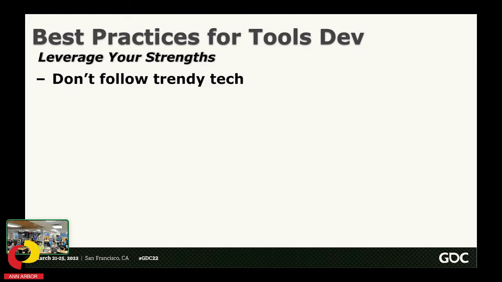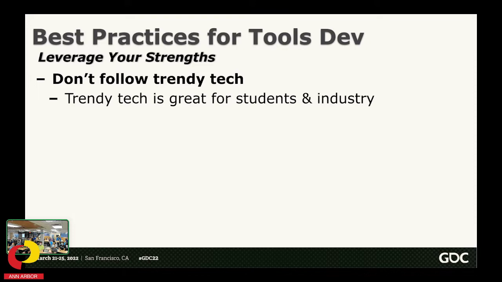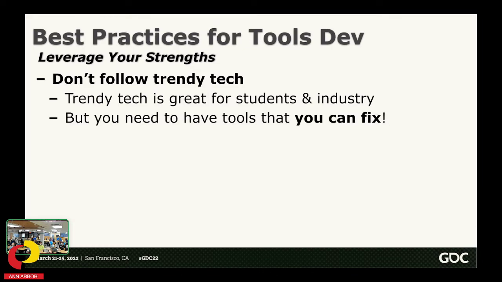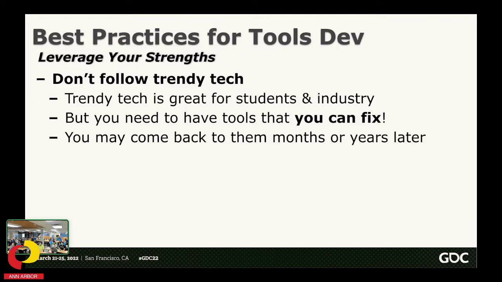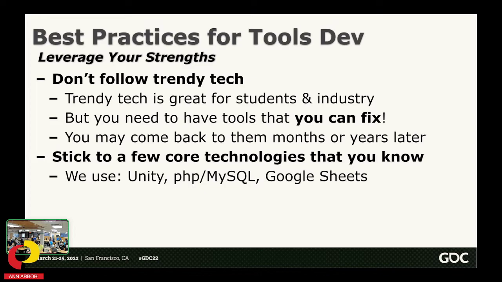And when you're making tools, don't follow trendy tech. Trendy tech is great for students that are trying to impress potential employers. It's great for people in industry, but most of the stuff I need is to make stuff that I can fix and remember how to fix. So honestly, most of the stuff that I do is in Unity, PHP, MySQL, and Google Sheets. Trendy tech?